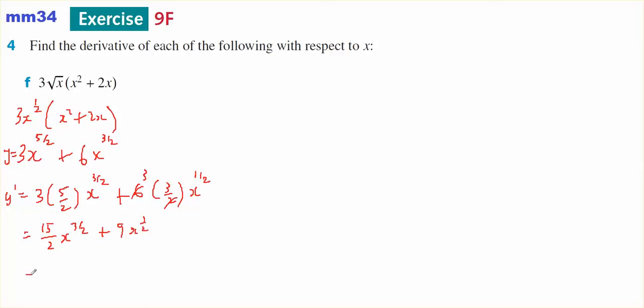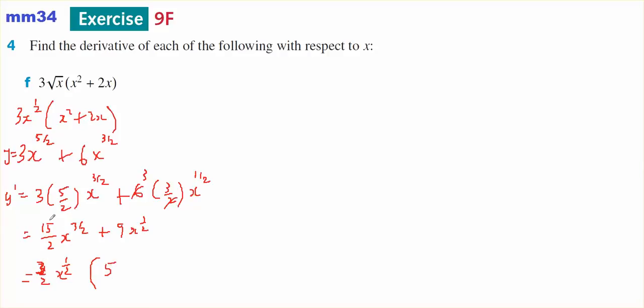And if I was to take out common factors, I would take out my half. I've got a 3 in the 15 and a 3 in the 9, so I'll take 3 on 2 out. And x to the, well, I've got a 3 on 2 and I've got a half, so I take out a half. And that would leave me with 5, because 5 3s are 15.